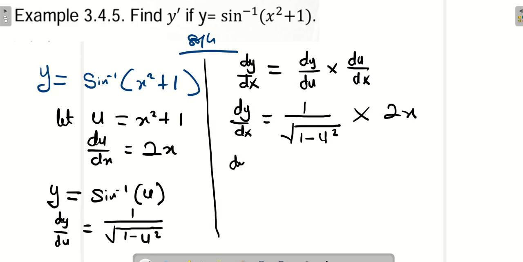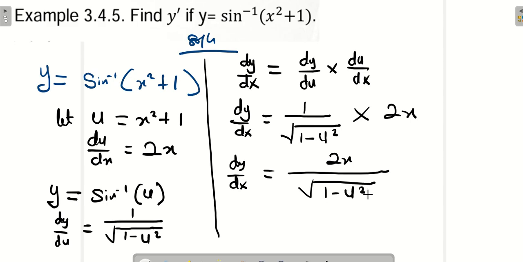So we have dy dx is equal to 2x all over the square root of 1 minus u squared. Then what is u? U is x squared plus 1. So we have to do that substitution.